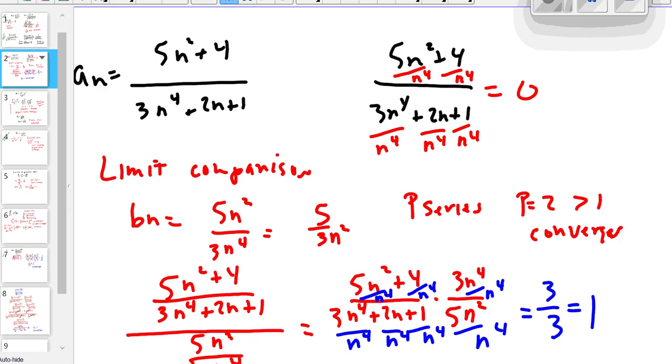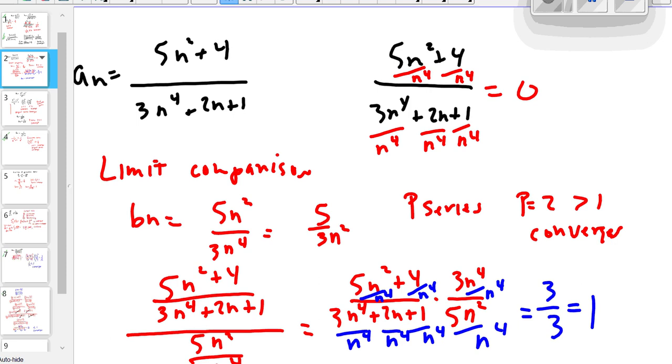The next one we have is 5n squared plus 4 over 3n to the 4th plus 2n plus 1. We're going to look at the limit comparison test here. So b sub n I'm going to make equal to 5n squared over 3n to the 4th.